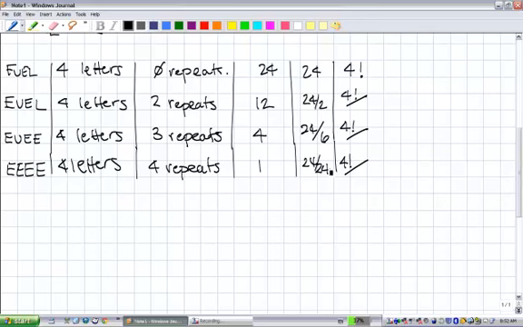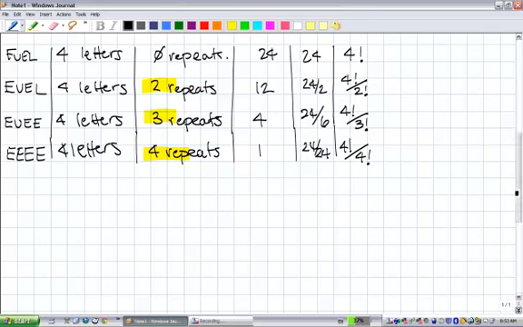How can we generate those numbers 2, 6, and 24 based on strictly the number of repeats? Well, if you've worked enough with factorials, you'll figure out that 2 factorial is 2, 3 factorial is 6, and 4 factorial is 24. So it looks like we're dividing by the factorials.